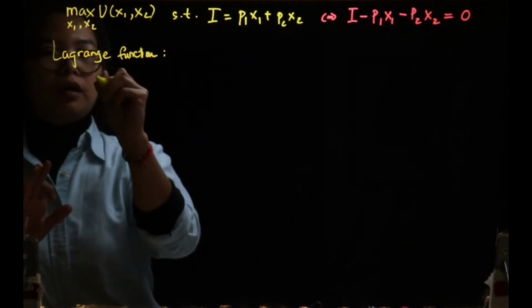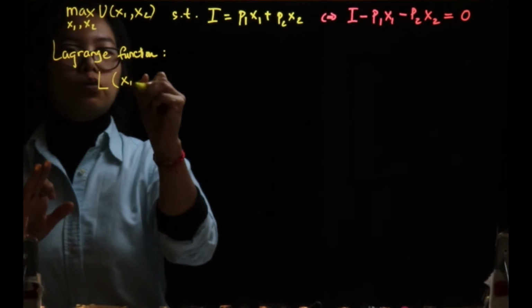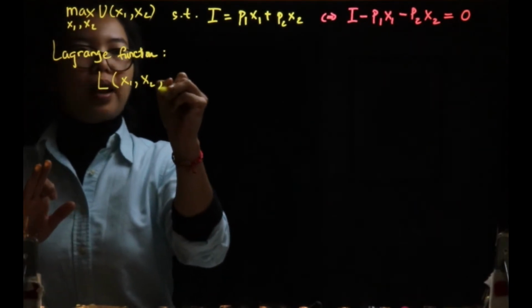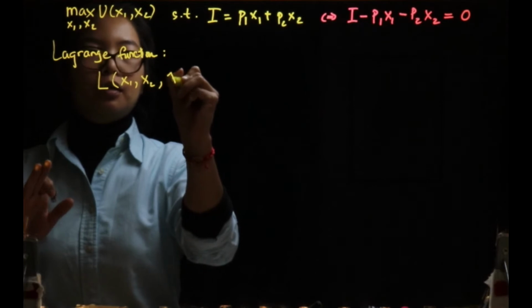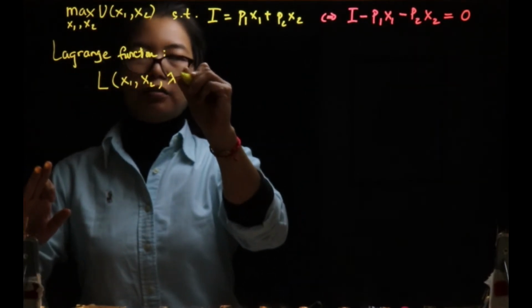We have L as a function of x1, x2, but now also a new variable, lambda, for the constraint.